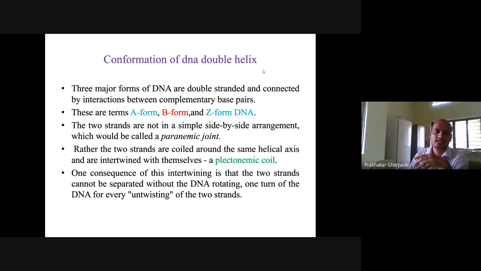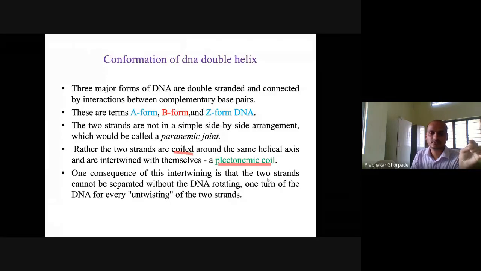The two strands of DNA are basically coiled on the same axis, coiled on each other like this. So this is a plectonemic coil. This is an intertwined arrangement. One consequence of this intertwining is that the two strands cannot be separated without rotating one strand of the DNA for every untwisting.